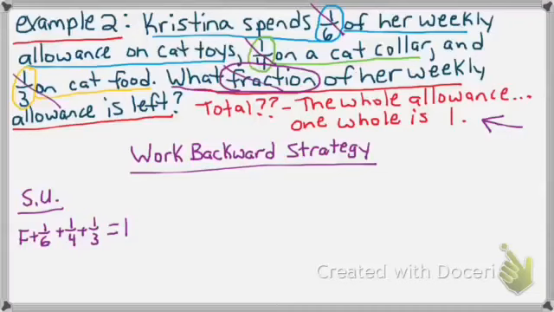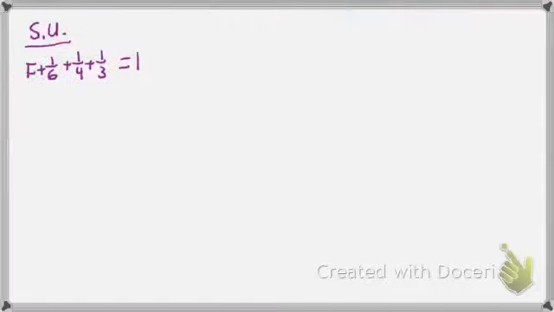My setup is now complete. We have my F, the fraction that's unknown, plus 1/6 plus 1/4 plus 1/3 equals the 1 whole allowance. Let's move to the next page where we have some more room to finish this up.